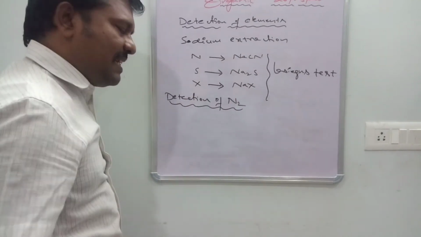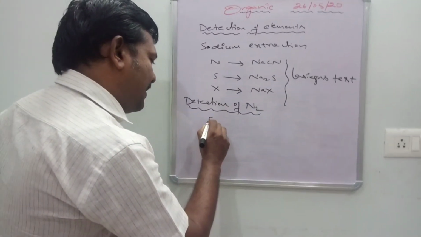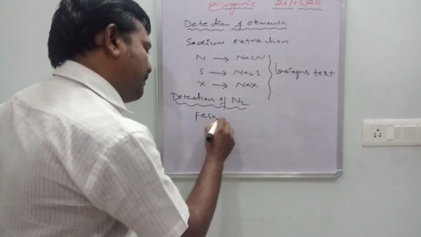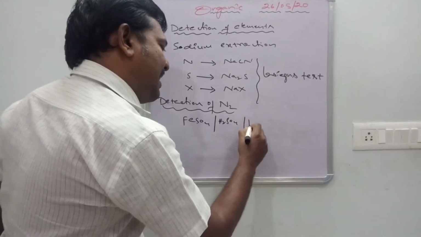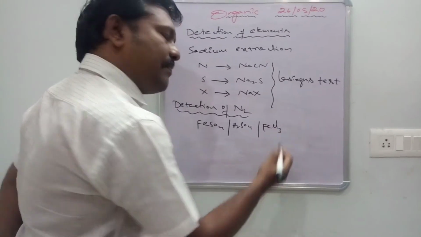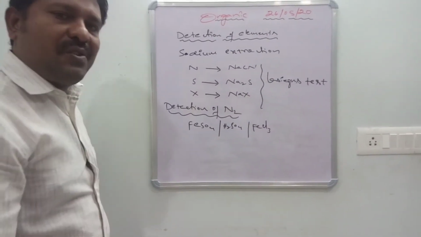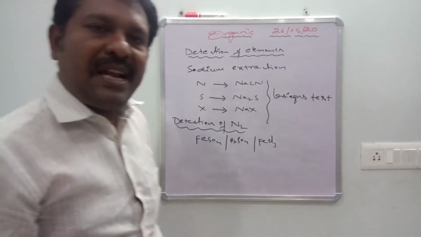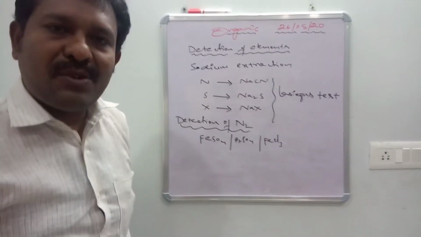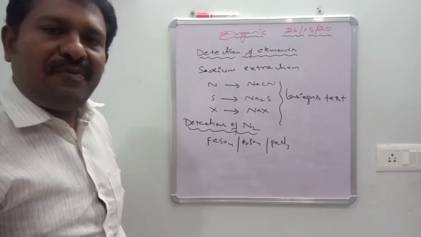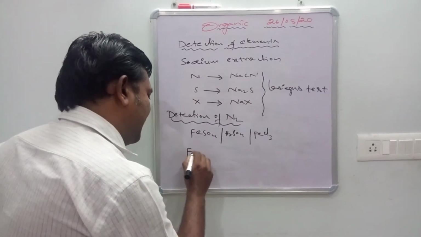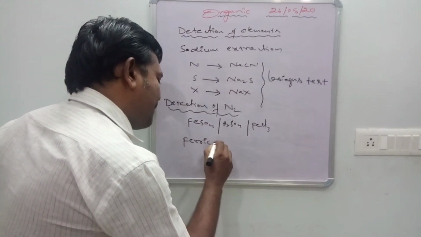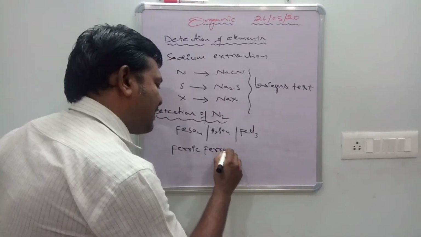The sodium cyanide is treated with freshly prepared ferrous sulfate and sulfuric acid and ferric chloride, FeCl3. The mixture gives sodium ferrocyanide. Finally it gives ferric ferrocyanide. What's the name?